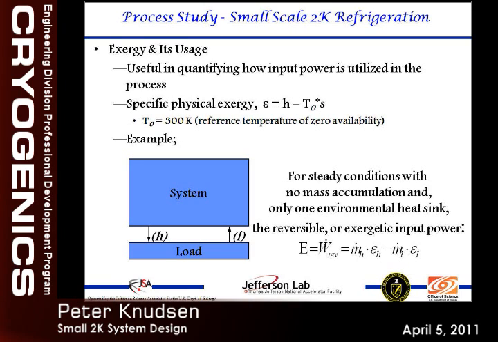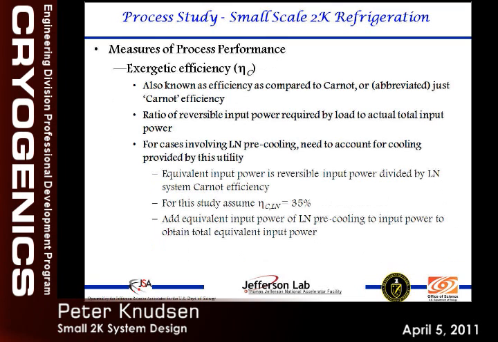So for a system like this where you have this H stream and this L stream, and you want to know the exergy, or reversible work, that's required, it's simply the mass flow rate times the exergy minus the mass flow rate times the exergy, which is right here. I've mentioned exergetic efficiency a number of times.